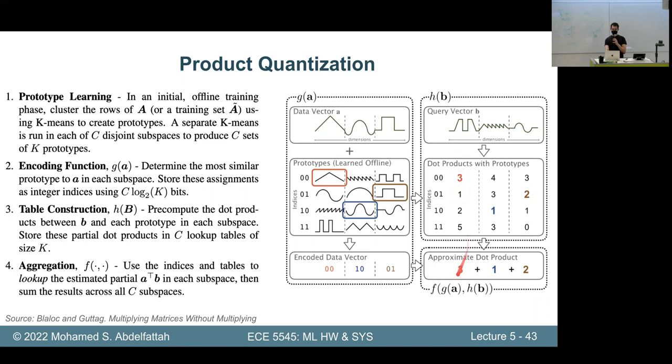And then I look up that number, I put it here. And if I multiply this prototype with this prototype, the number should be 1, and so on. So to compute that whole dot product, I've approximated my vectors using these prototypes. I've already pre-computed all of the values of doing a dot product between those prototypes offline, put it in a huge table, and then all I need to do is just add those pre-computed numbers, and I get a result.